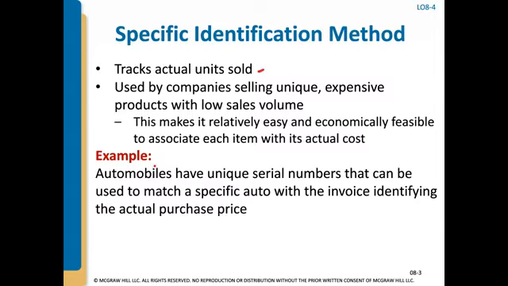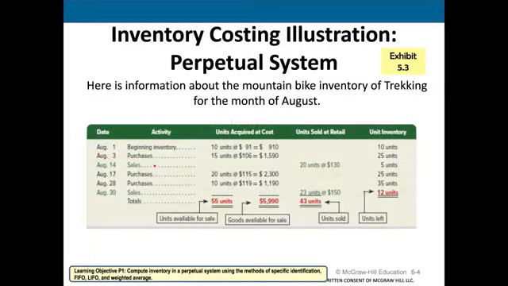It's really used when companies are selling very unique, expensive, and low sales volume items, because if you have a lot of sales, it would be very difficult and costly to maintain this kind of inventory costing system. So let's go through an example, and I think it'll make more sense.